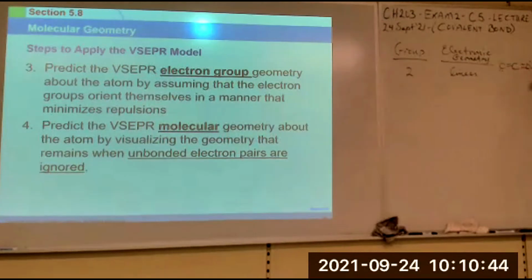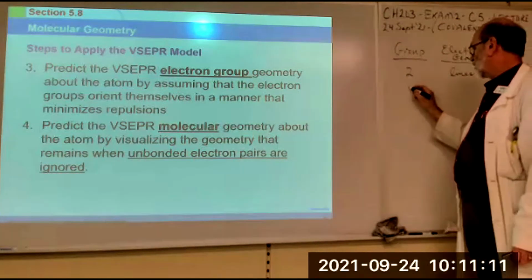So what's the geometry around that central atom? It's linear. That's the best position for those electron groups for repulsion purposes. If you try to push this one around that side, you minimize repulsion on this side, but you increase it on that side. So if you have two groups, linear is your ticket.